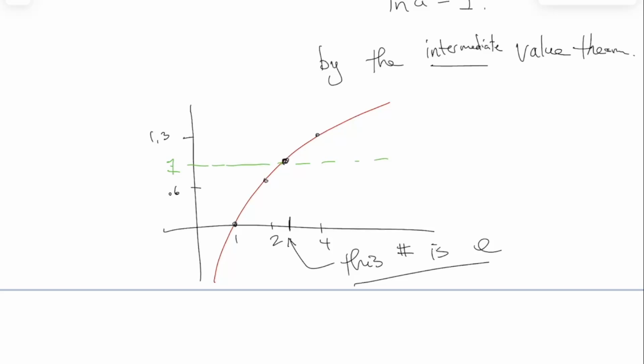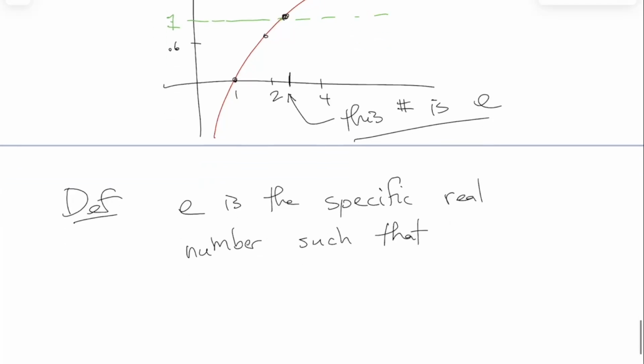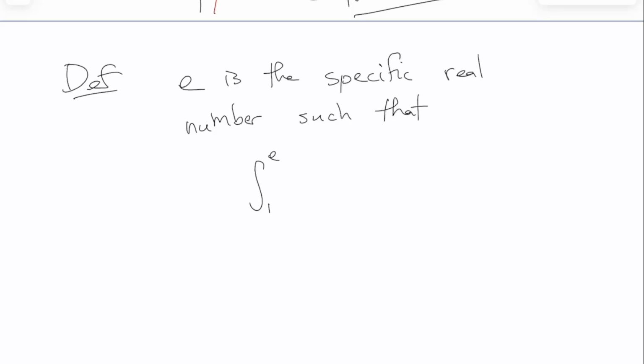This may be related to something that she said back at the beginning. You can define the number e in terms of some kind of area under the curve equals something or other. And those are the ingredients of what we're talking about here. All right, so this is the definition. I will write it again. e is the specific real number such that, if I want to be very clear about it, the integral from 1 up to e of 1 over t dt equals 1.